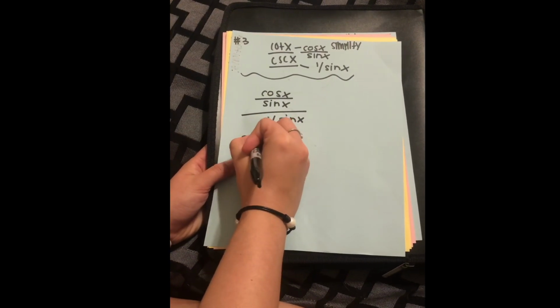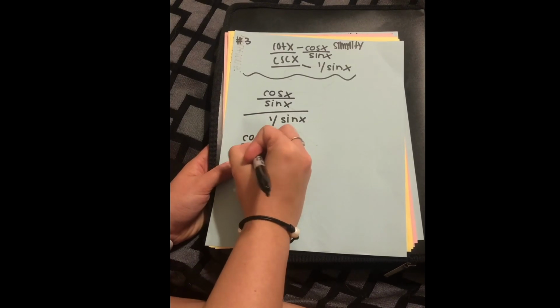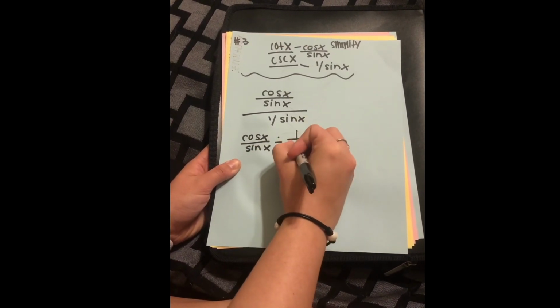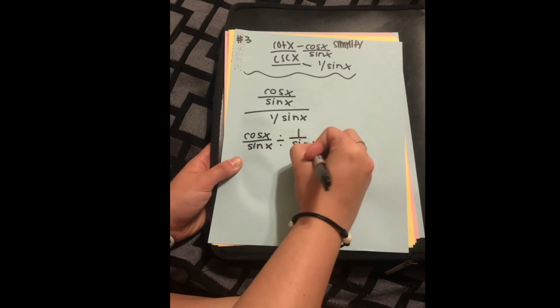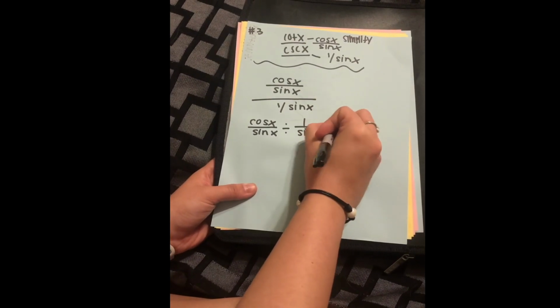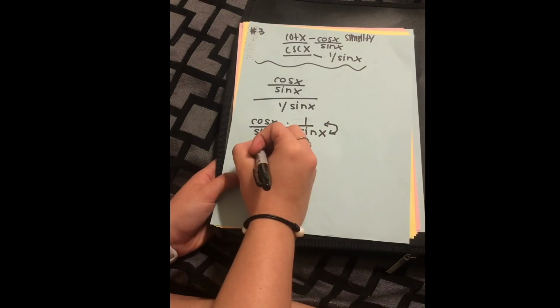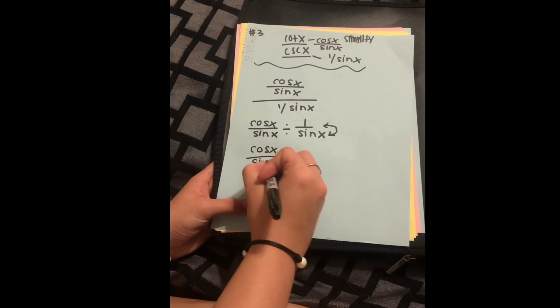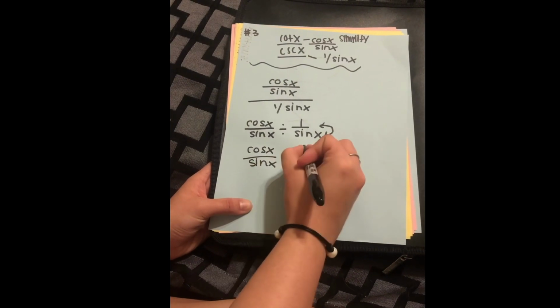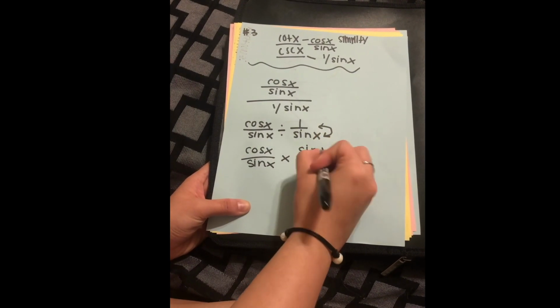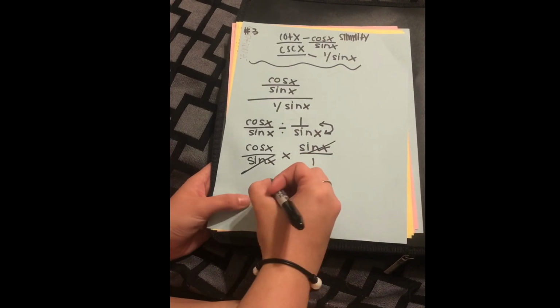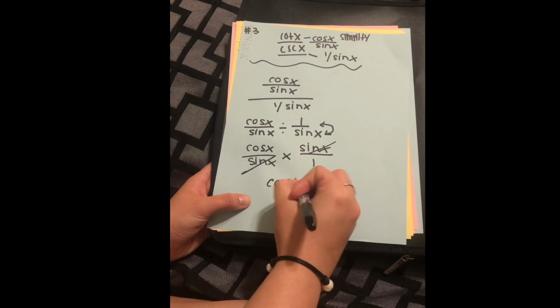That rewrite is cosine x over sine x divided by 1 over sine x. Now in order to divide, you have to flip these to change to multiplication. Cosine x over sine x times sine x over 1. These two cancel, and you're just left with cosine x.